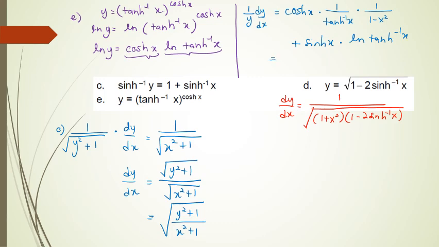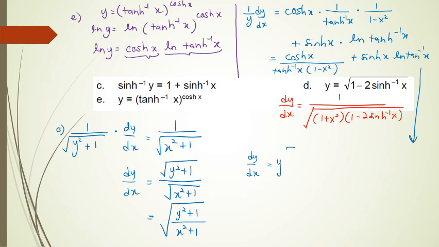Simplify, so it becomes cos hyperbolic x over tangent hyperbolic inverse x times 1 minus x square, plus sine hyperbolic x ln tangent hyperbolic inverse x.